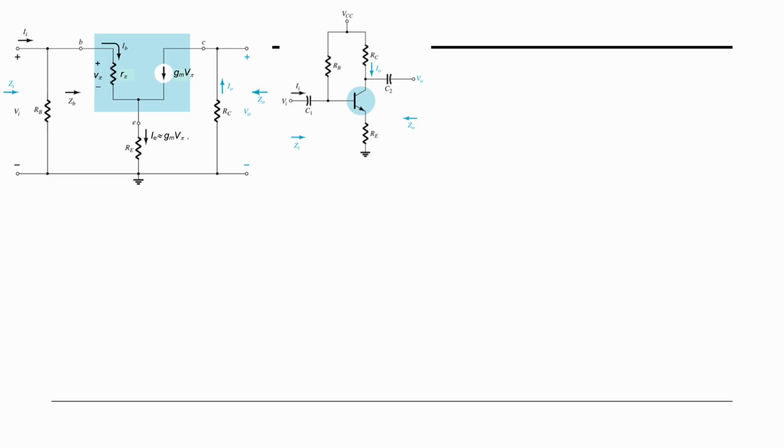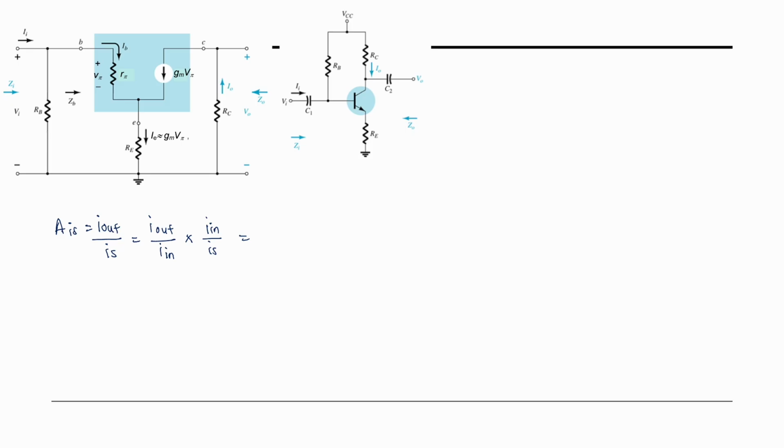Okay, so we want to find AIS. It's going to be I out over IS, where IS is for the source. So it's the same as before: I out over I in multiplied by I in over IS.